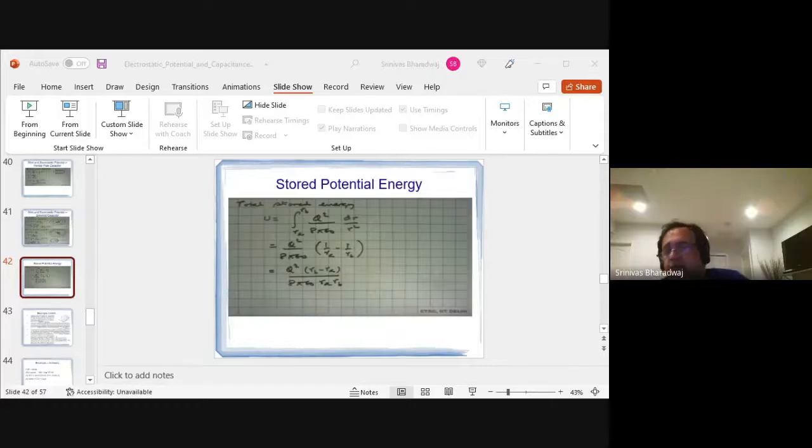Positive on the top, negative on the bottom, then it will switch when you apply an alternating current.